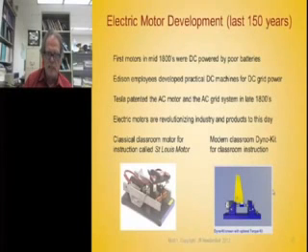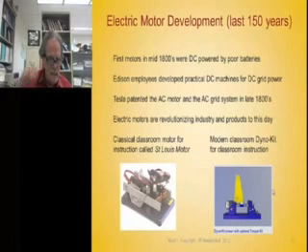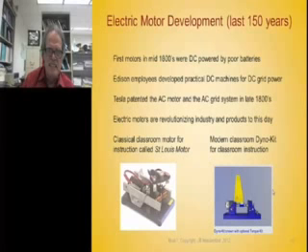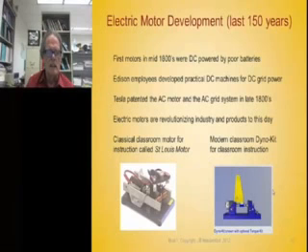For 150 years we've had electric motors, and the first ones were developed in the middle 1800s, and they were powered by DC power, by lousy batteries. And shortly thereafter, Edison and his people in his research lab in Menlo Park, New Jersey, developed a lot of different kinds of DC machines, including generators that operated from DC grid power.